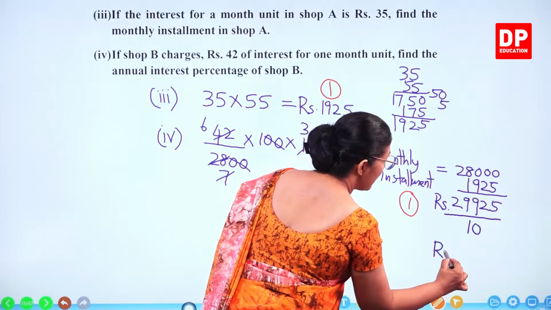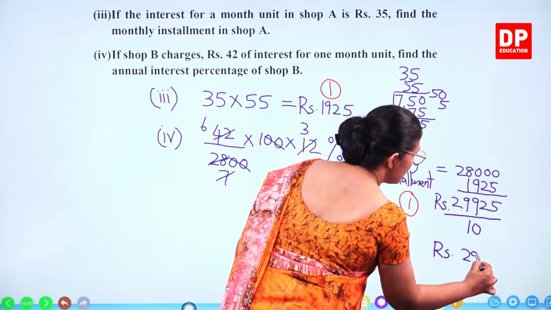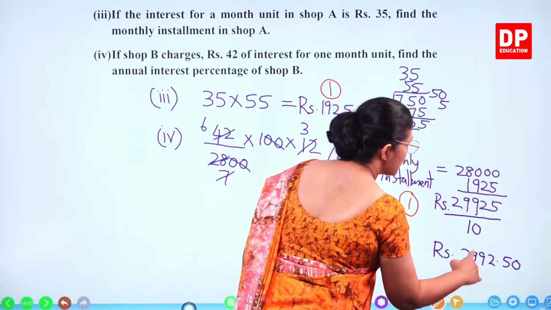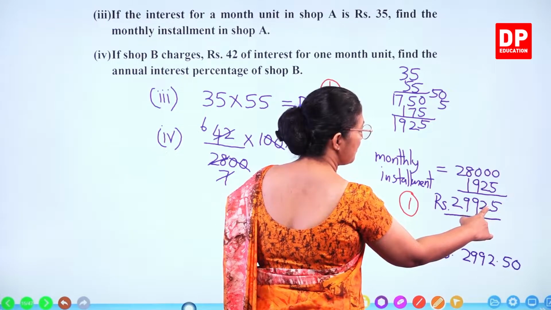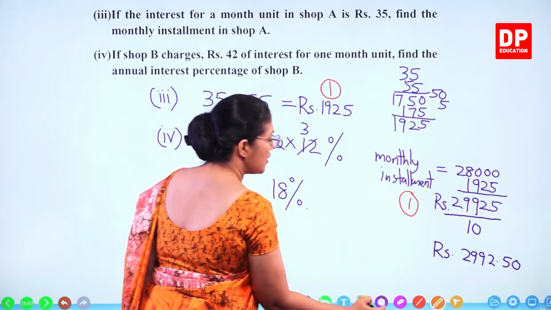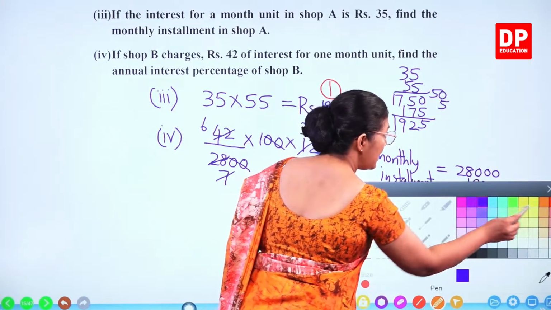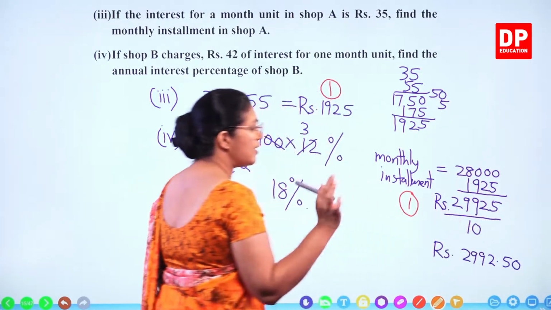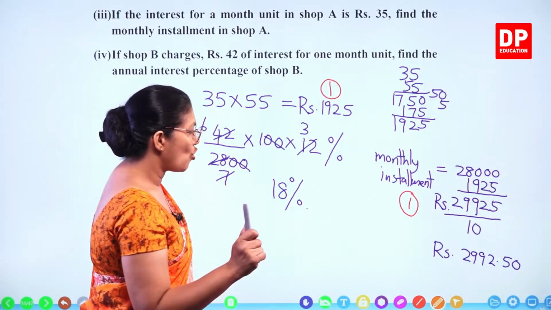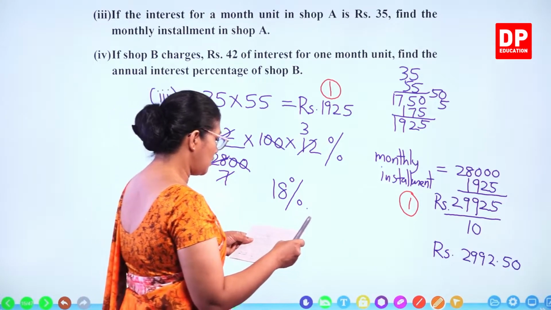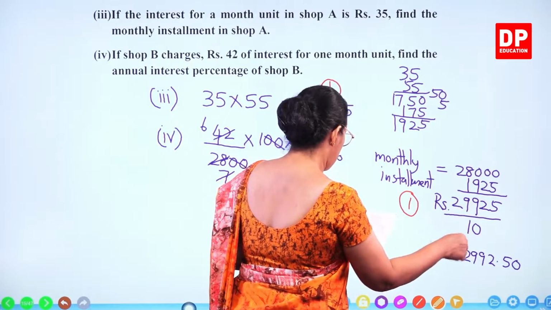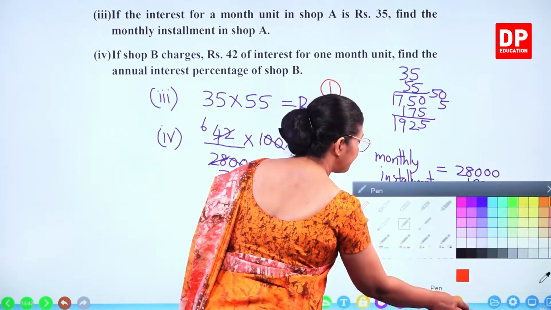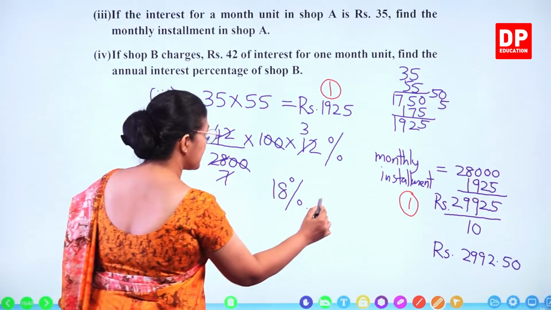So final answer is 2,992 and 50 cents. You have to divide by 10. 2,992. So that's the monthly installment, because we found this is the total. Total divided by number of months is monthly installment. So you get 1 mark for that part and 3 marks for finding interest rate.